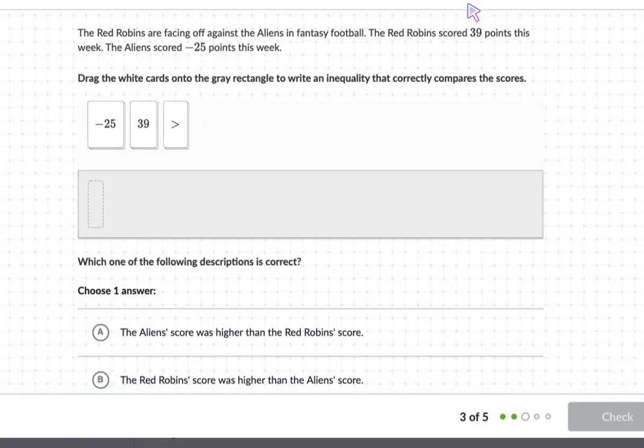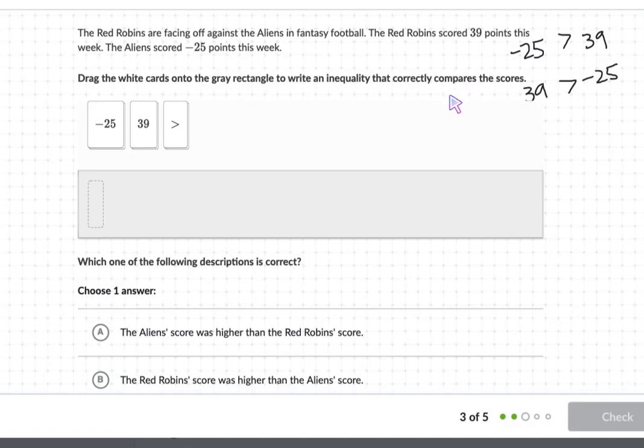Alright, so it looks like we have about two choices. We can either arrange it like this, or we can arrange it like this, because this symbol can't change. It's always going to be stuck at greater than. So it's either -25 is greater than 39, or it's 39 is greater than -25.